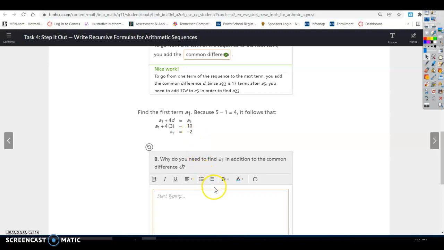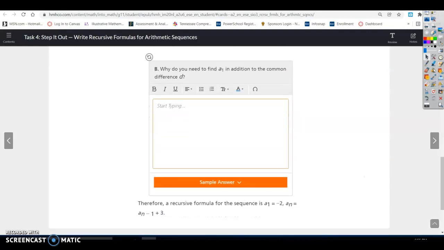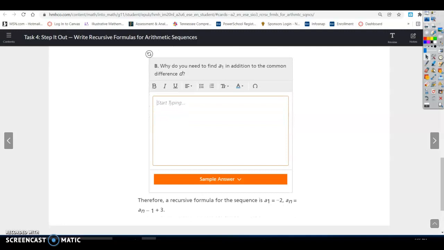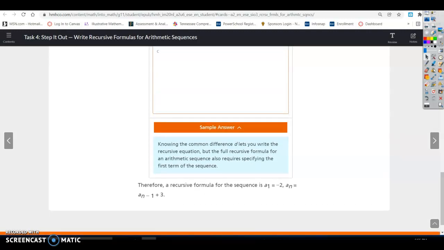Why do you need to find a sub 1 in addition to the common difference? Well, anytime you're finding a recursive formula, you need to have your first term as well. So let's see what they say here. Knowing the common difference d lets you write the recursive equation, but the full recursive formula for an arithmetic sequence also requires specifically the first term of the sequence.